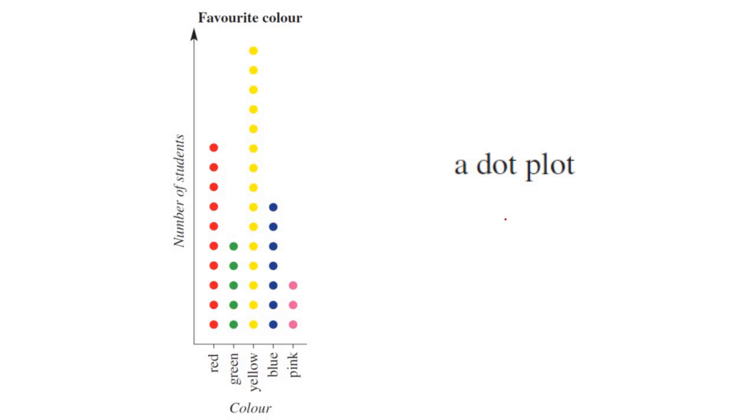Plot means there are 2 axes, so this is a 2-dimensional plot. In the x-axis you have different colors: red, green, yellow, blue and pink, and on the y-axis you have the number of students.